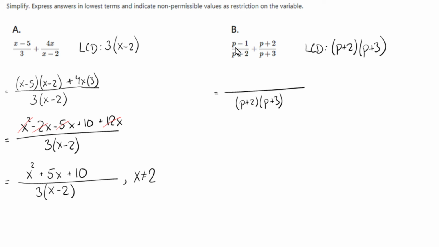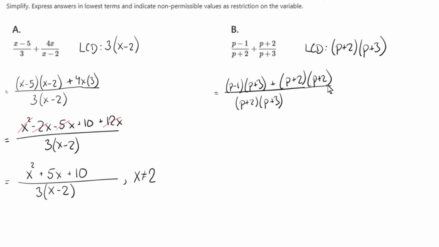And the first term in the numerator, p minus 1, has to be multiplied by p plus 3 because that's the missing factor. The second numerator has to be multiplied by p plus 2 because that is the missing factor.